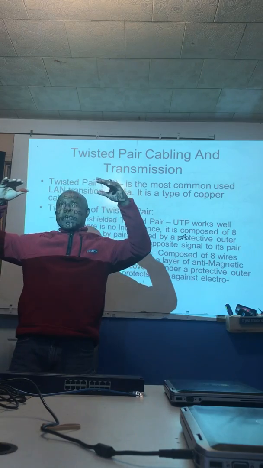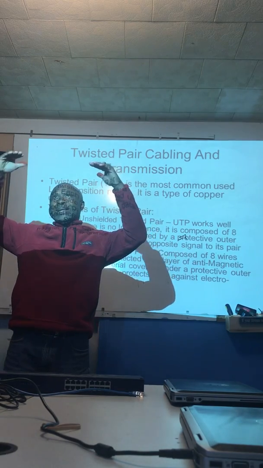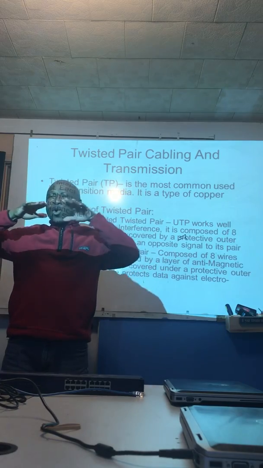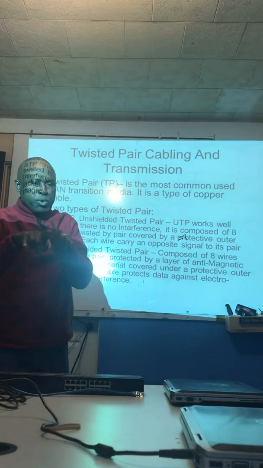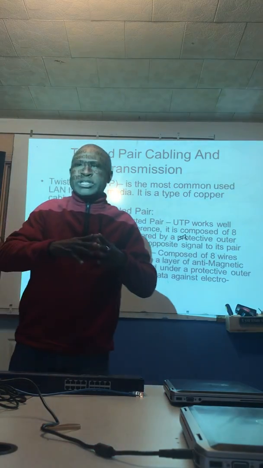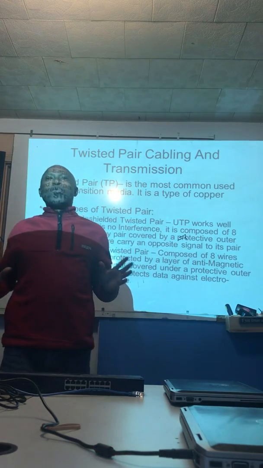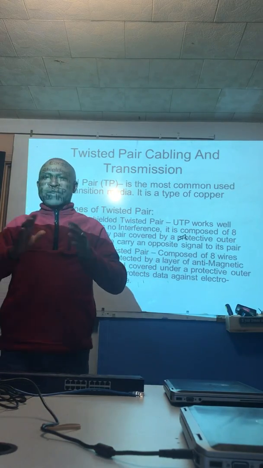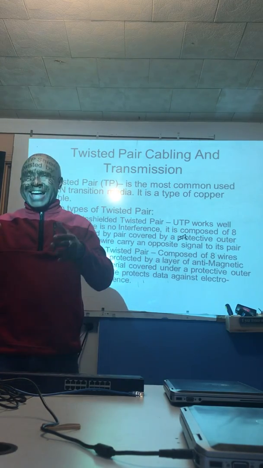A plenum space is a space on a floor or in a roof designed only for cable. This is the place where they put electrical cable. This is the place where they put camera cable. This is the place where they put audio cable. This is the place for all types of cable. And this is the place you're going to run your data cable.